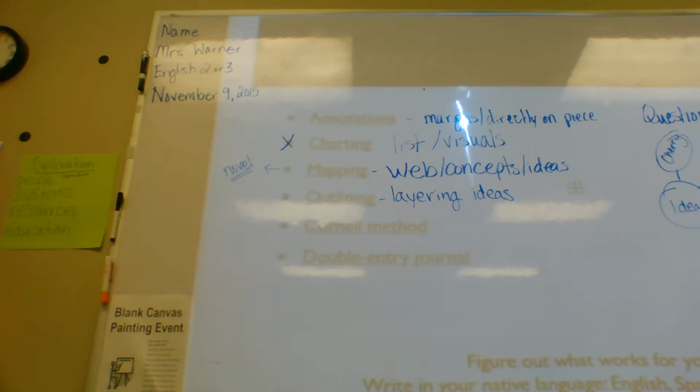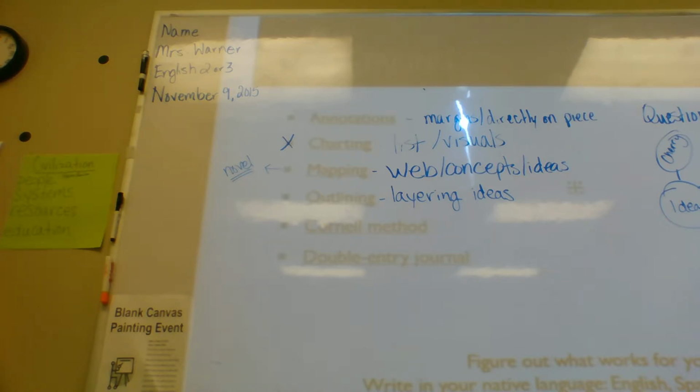So outlining has Roman numerals. So you start with ideas, and then you have sub-ideas or sub-categories.